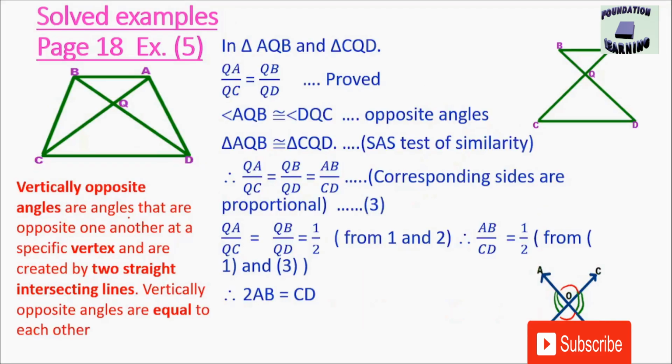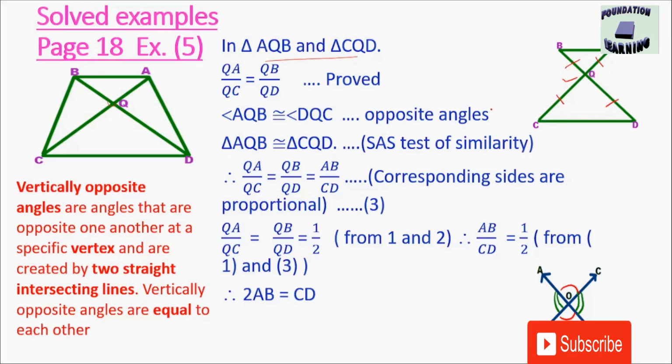Then, in triangle AQB and triangle CQD, this is the triangle, a part of it. This part, I have drawn it separately. Which sides are in proportion? QA is to QC is equal to QB is to QD. We have proved it.